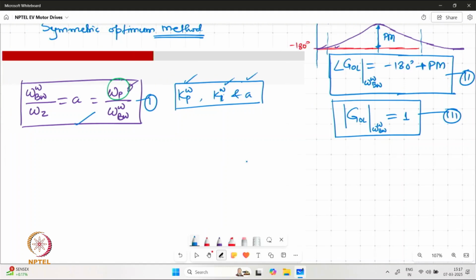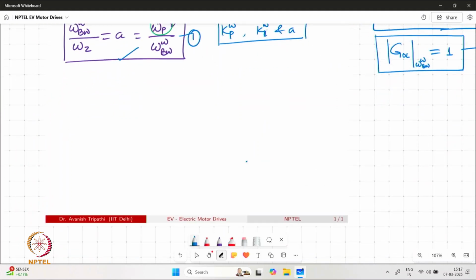Now going by the second equation what we have, we need to write the phase of the open loop system.